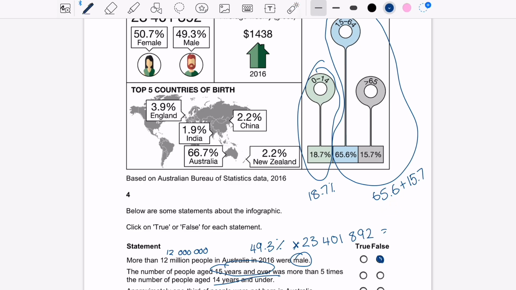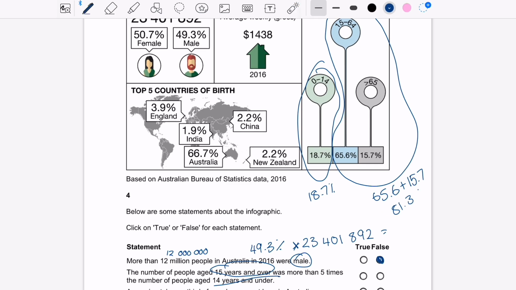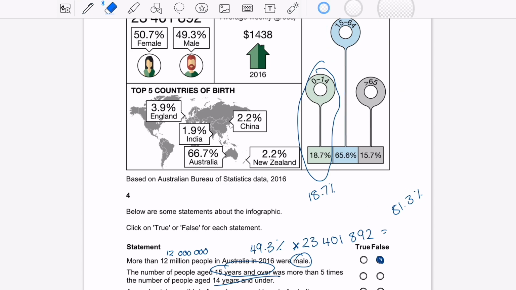Oops, wrong pen. So I'm just going to get rid of that number now, and get rid of the percentages. I don't really need to worry about them.